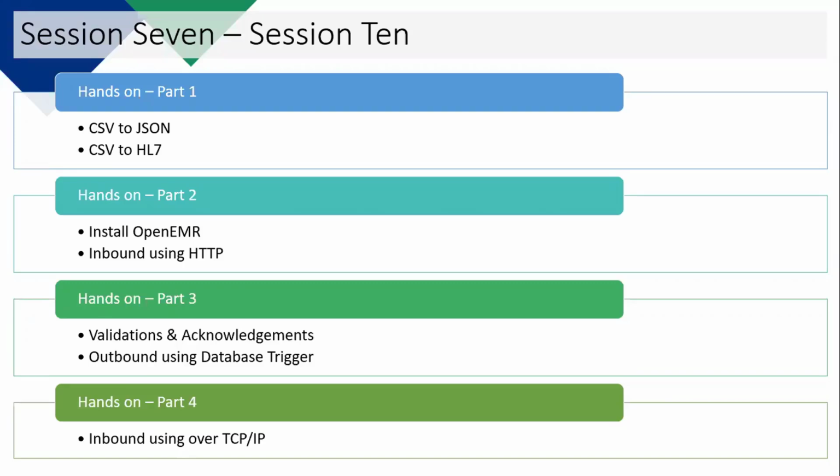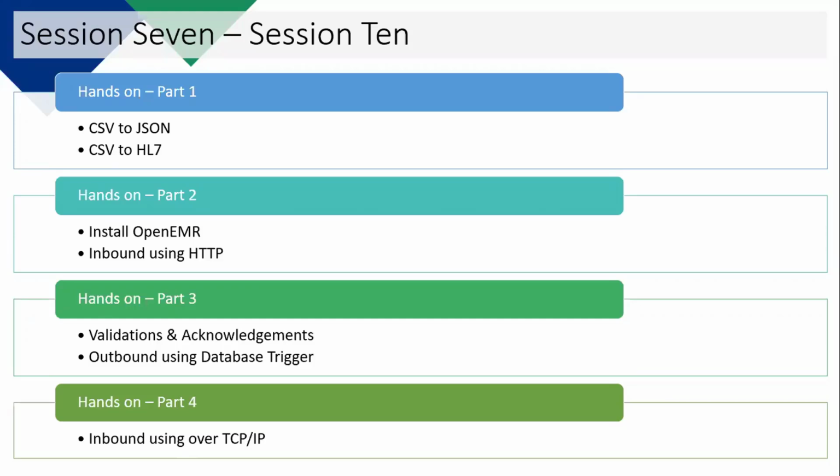After which, we will create an inbound ADT receiver, where patient information is received via HTTP. Running HL7 over HTTP has come up only very recently. Until recently, HL7 used to work only through TCP or through file servers.